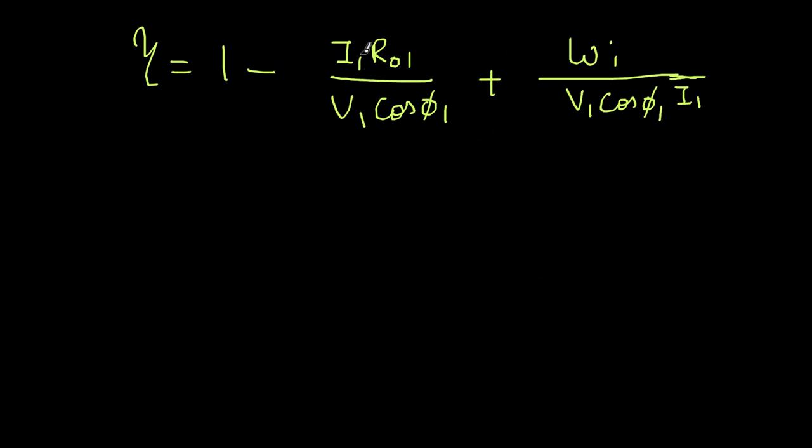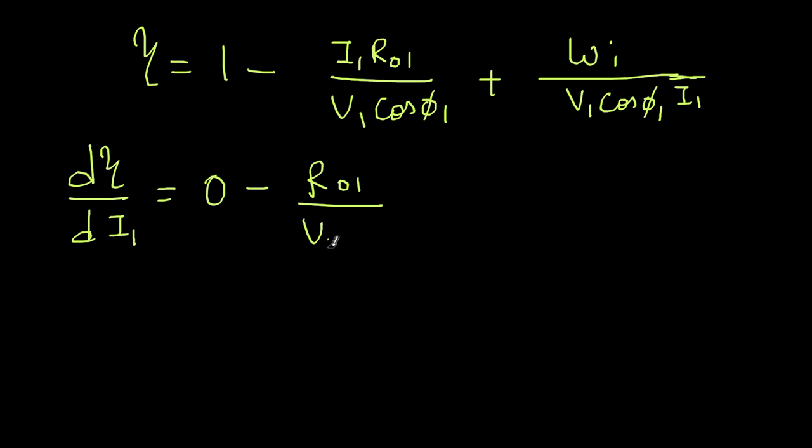Now for what value of I1 is the efficiency maximum? For that I'll differentiate this with respect to I1. The differentiation of 1 is 0, and I1 multiplied by some value, where all the other things are coefficients of I1, will give me R01 by V1 cos phi 1.